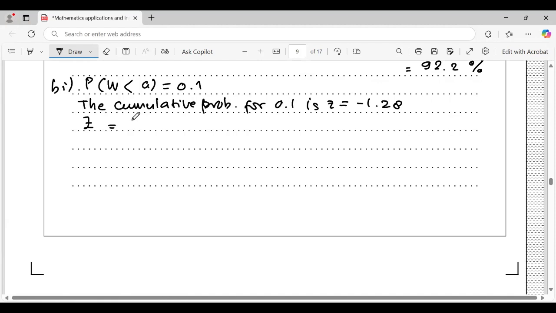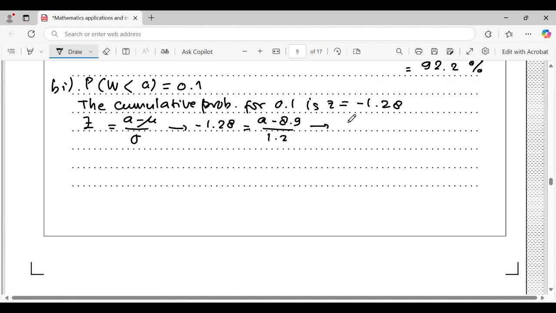So Z equals A minus mu divided by standard deviation, or minus 1.28 equals A minus 8.9 divided by 1.2.